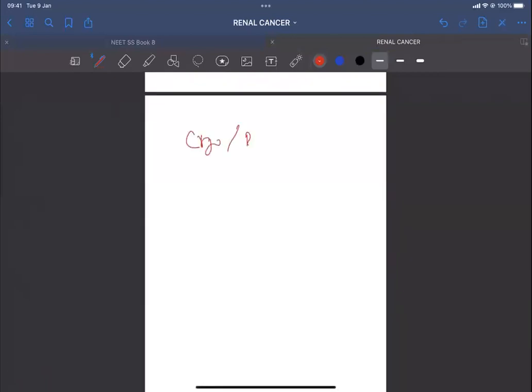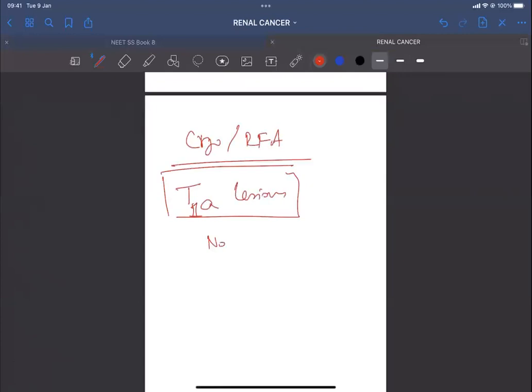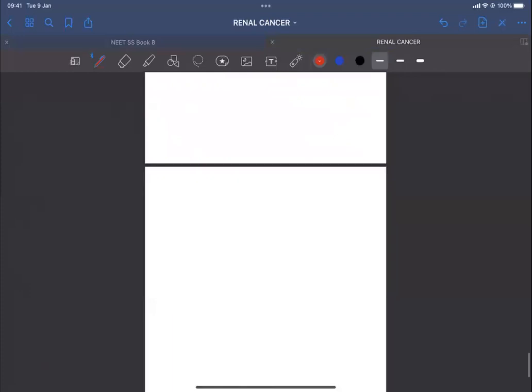Cryo and RFA are essentially for T1A lesions. Anything larger than that, they don't have a good response. The recurrence rates are about 10 to 20%. And always do a pre-treatment biopsy before you do cryo or radiofrequency ablation.